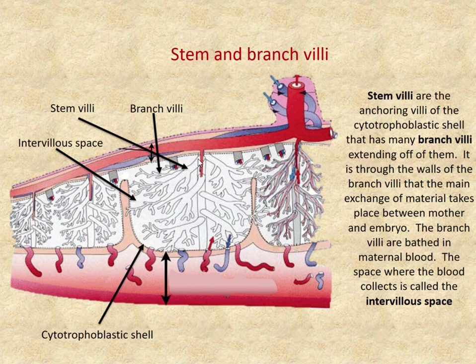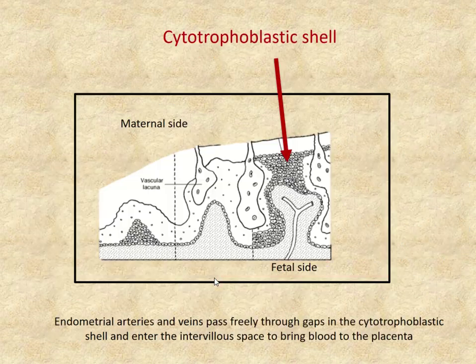The blood doesn't come into arteries and veins and go to the fetus, but rather substrates are going to cross the barrier and exchange between mom's blood in the intravillus space and the blood that goes to the fetus that are in the vessels in these branch and stem villi, and up here, these larger ones that are in the chorionic plate.